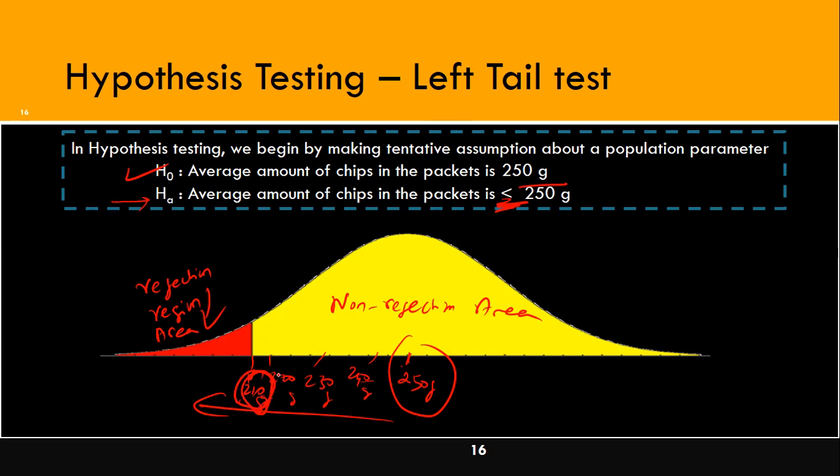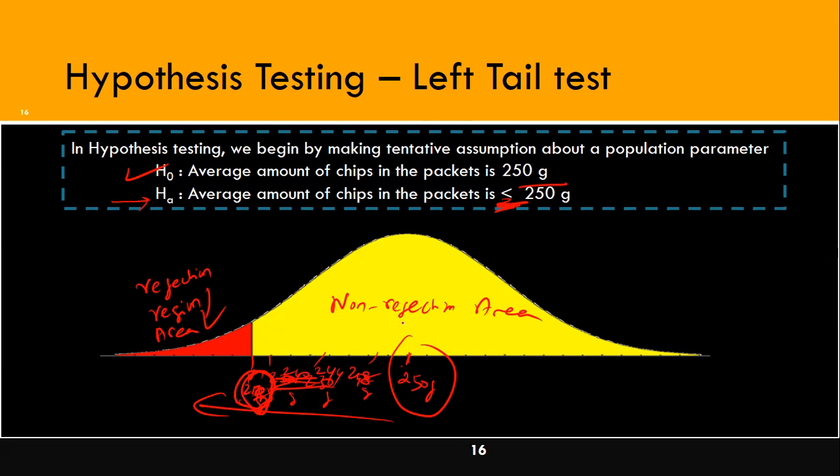Let's say I ran a survey and they are okay with 210 gram, or let's say 230. Let's make it a little bit bigger: 248, 244, 240, and this also 238 gram. Up to 238 gram, they are okay.